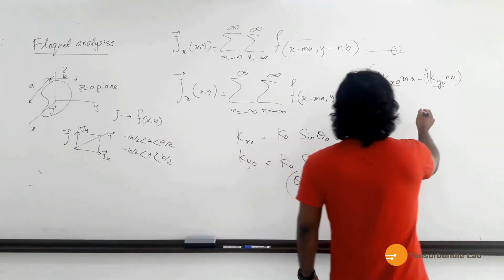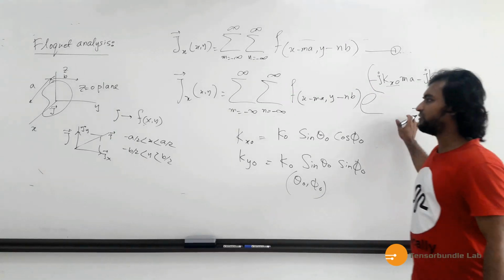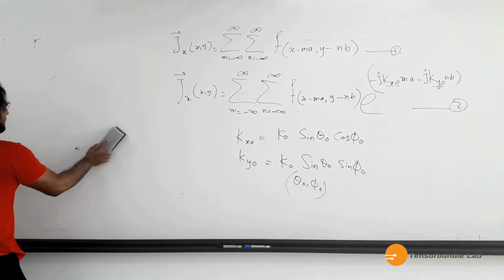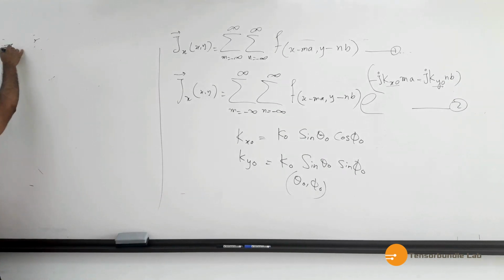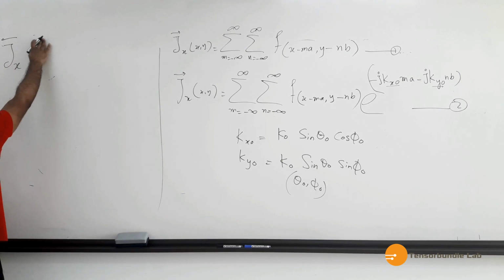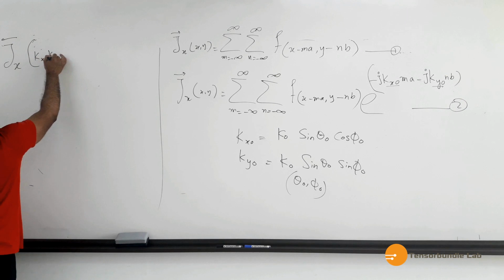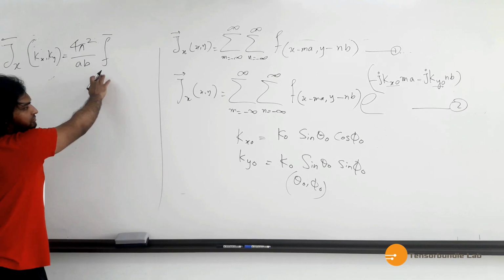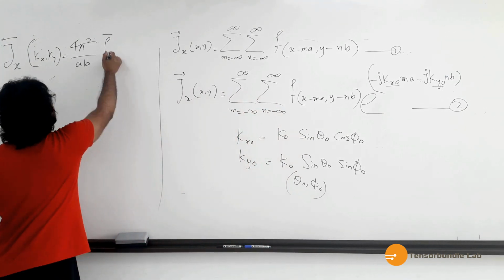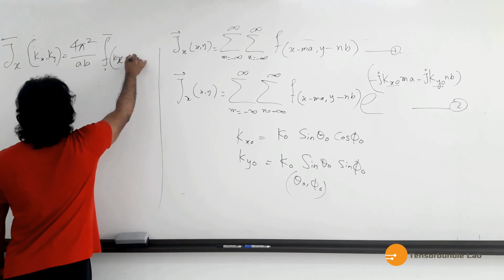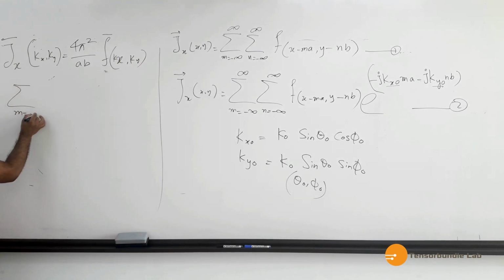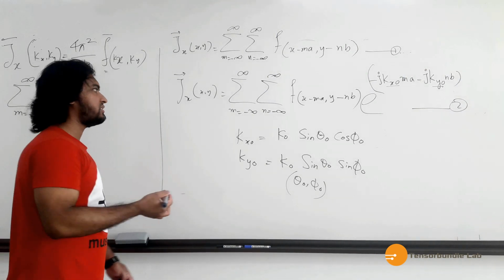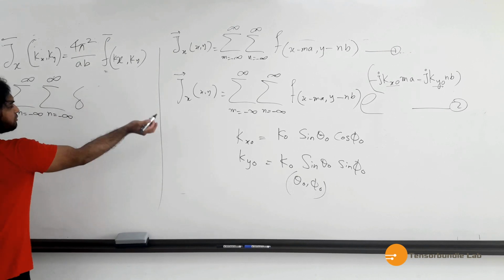All right. Now, if we take the Fourier transform of this equation 2, the surface current, then the Fourier transform of the x component of the surface current, J-bar x(kx, ky), is equal to 4 pi squared divided by ab, times the Fourier transform of this mathematical function f(kx, ky), and the continuation of this equation is the sum over m and n from minus infinity to positive infinity, and obviously there will be Dirac delta functions, the Fourier transform of that exponential quantity.